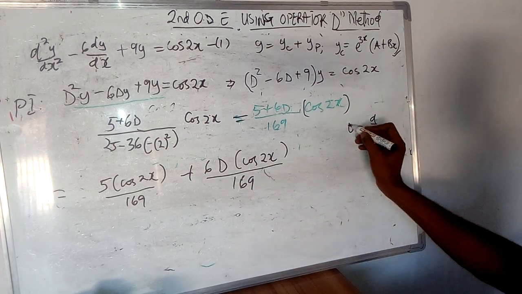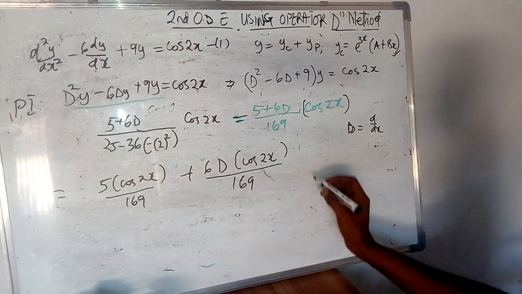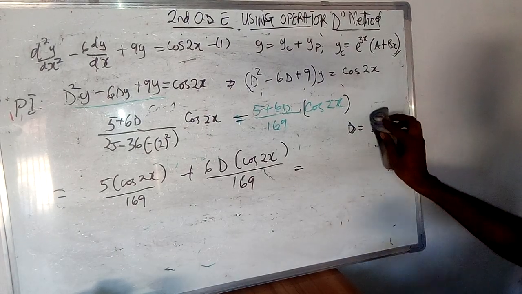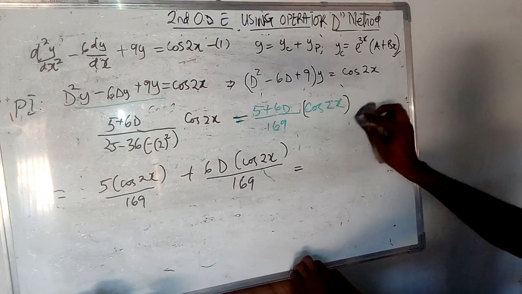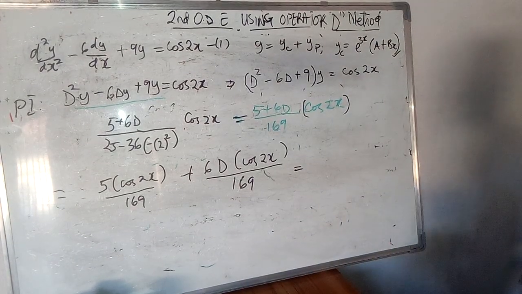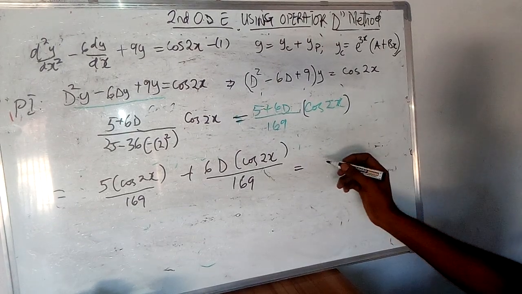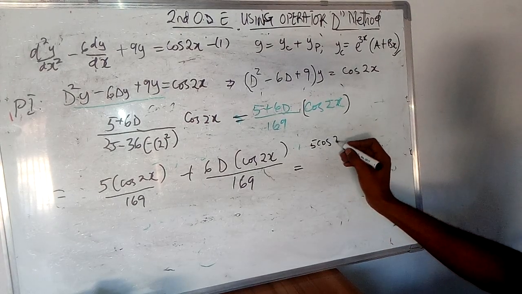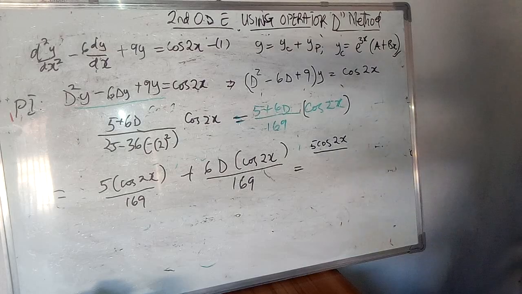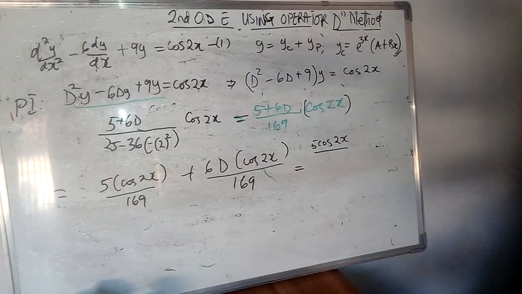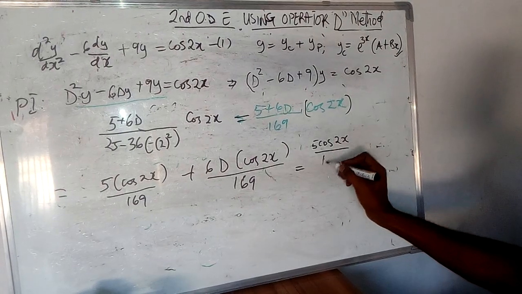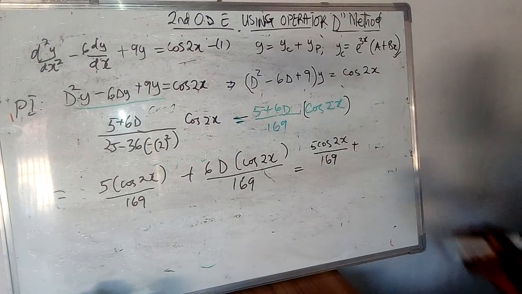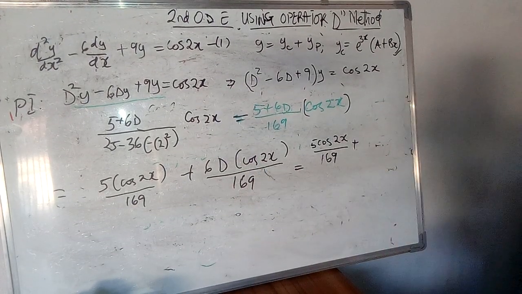So this will give you 5 cos 2x divided by 169, plus the differential of cos 2x.